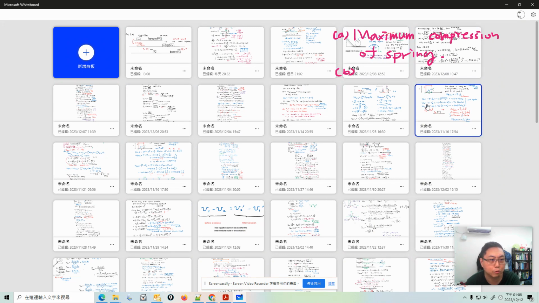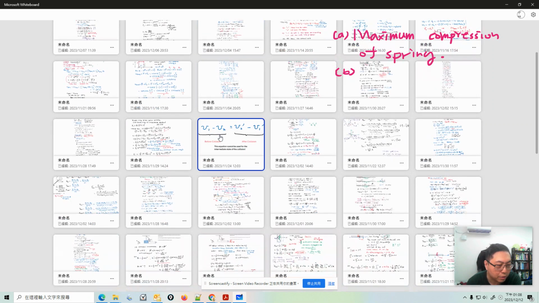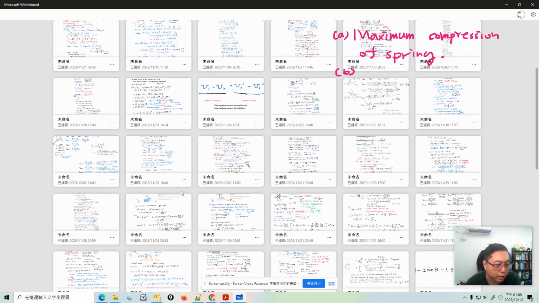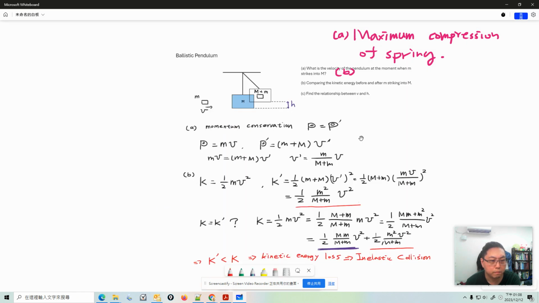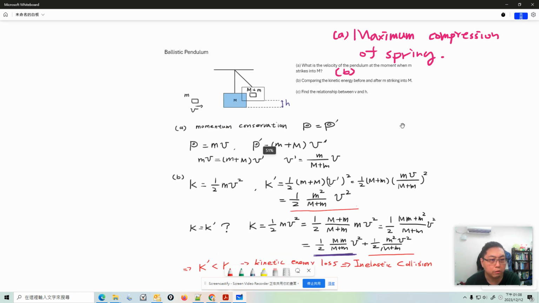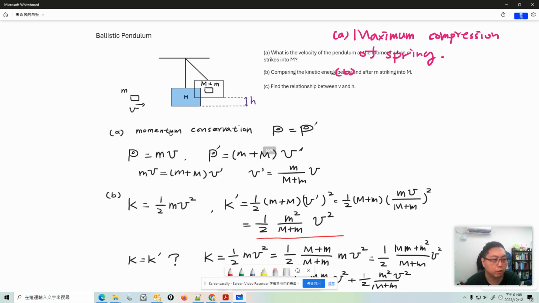Let me try to find the ballistic pendulum. Okay, here it is.